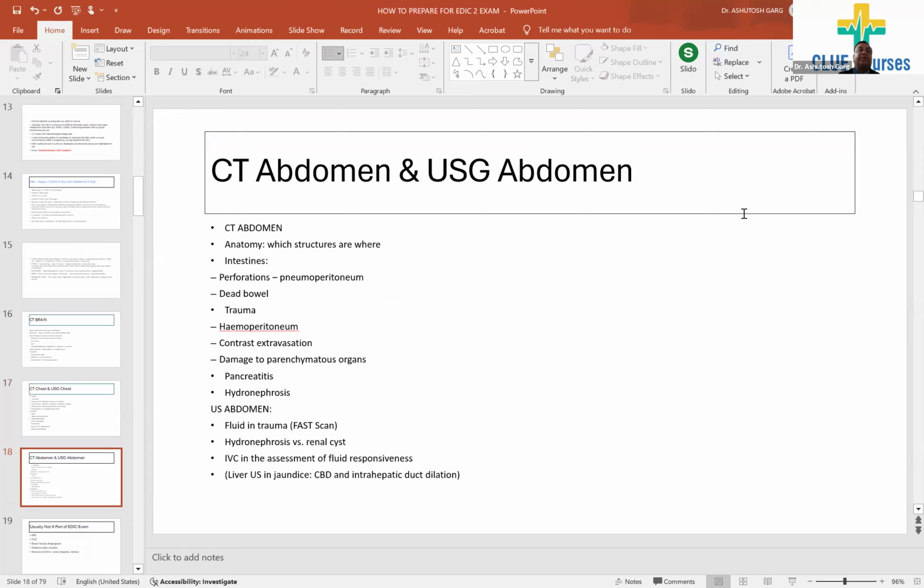In CT abdomen and USG abdomen, you can find perforation, pneumoperitoneum, dead bowel, trauma, hemoperitoneum, contrast extravasation, damage to parenchymatous organ, pancreatitis, hydronephrosis, fluid in trauma, hydronephrosis versus renal cyst, IVC in the assessment of fluid responsiveness, liver ultrasound in jaundice, CBD or intrahepatic dilatation.